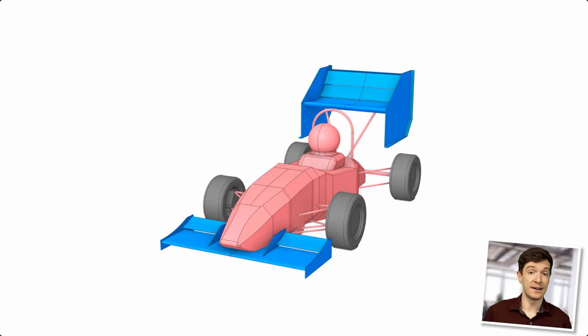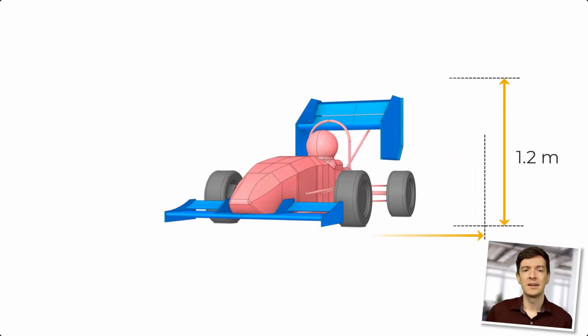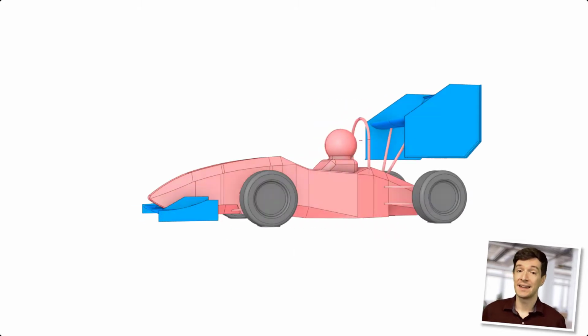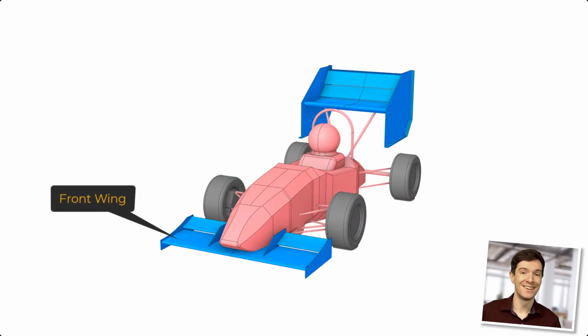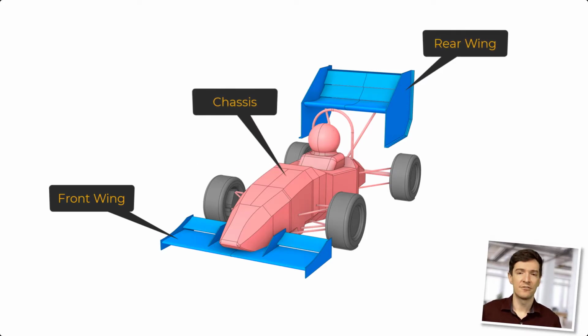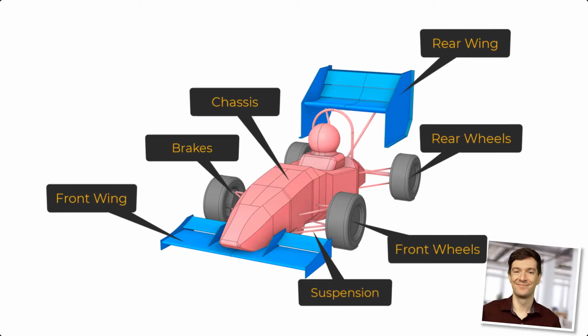This is the solid model of an FSAE car that we will be using in this example. It is about 3 meters long, 1.2 meters high, and 1.4 meters wide. In the model, we can identify the front wing, the rear wing, the chassis with a pilot, front and rear wheels, suspensions, and brakes.